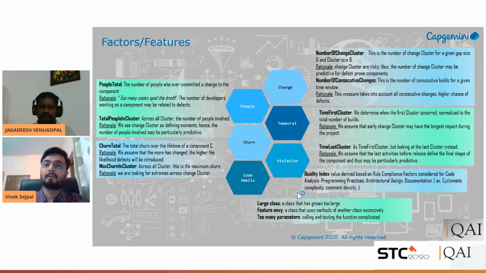Similarly, the number of consecutive changes: if a file is getting changed consecutively, let's say 3 to 4 times in a week, in recent history, then those types of concurrent changes can introduce some risk. Similarly, we can look at the churn factors.